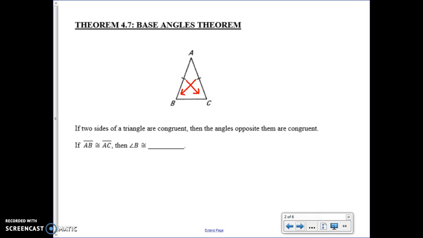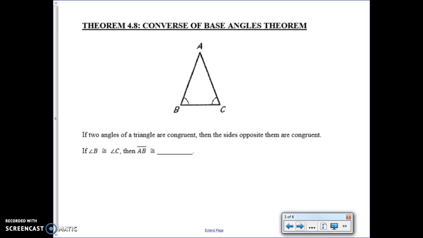If AB is congruent to AC, then angle B is congruent to angle C. Guess what? The converse is also true. If two angles of a triangle are congruent, then the sides opposite them are congruent. So if angle B is congruent to angle C, then AB is congruent to side AC.